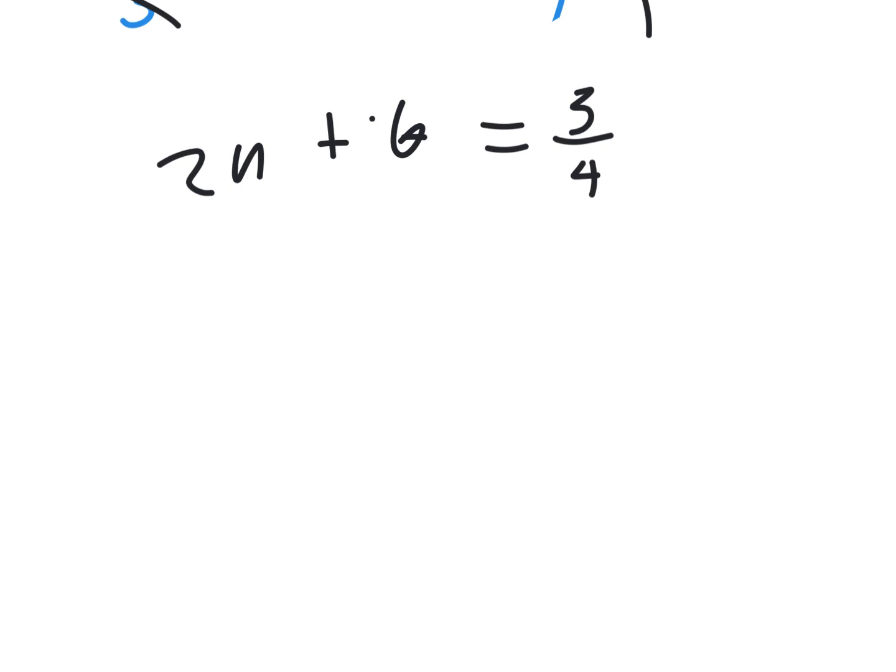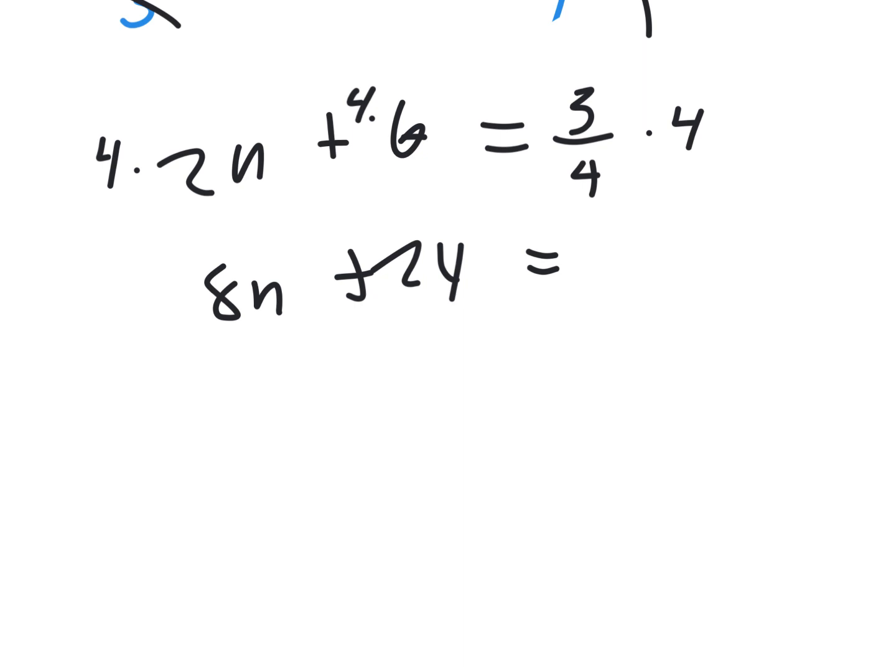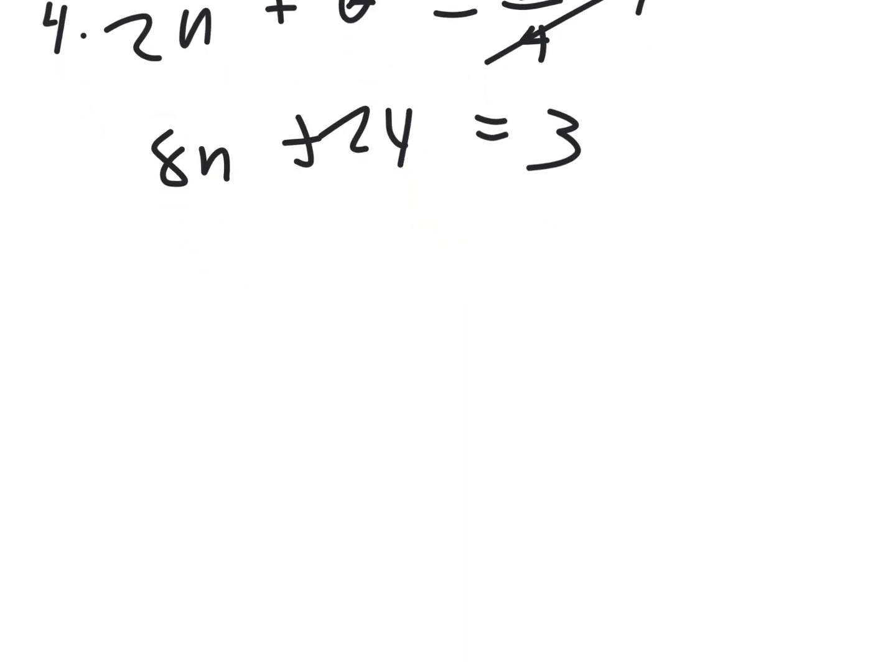Clear it again. Times by what? 4. 8n plus 24 equals, those cancel, 3. And then it's just a 2-step equation that you've been doing since literally middle school for some of you. You just subtract 24 and you divide by 8 and you're done. So I just wanted to remind you that it's probably the most missed top 20.